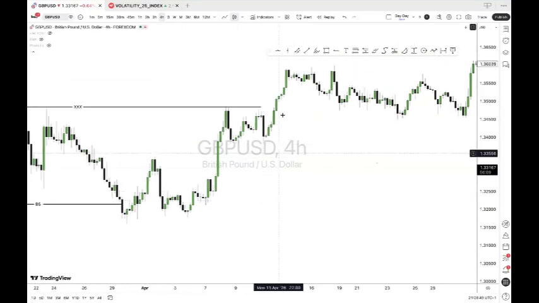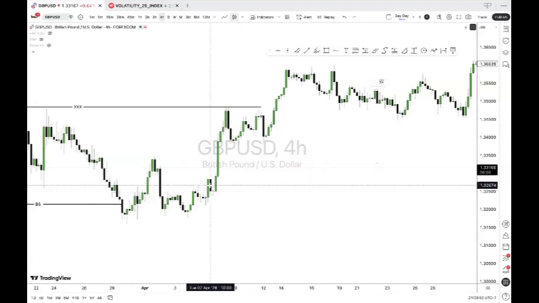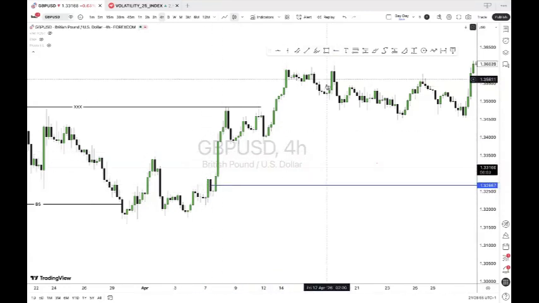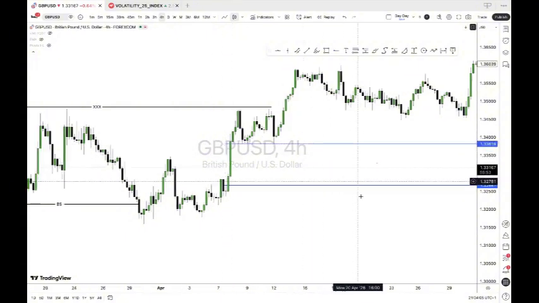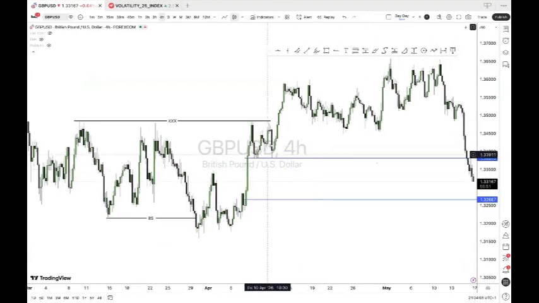So this was our last interaction between the last two sell points, which is here. Okay. Now, prices never came to fill this imbalance candle here.